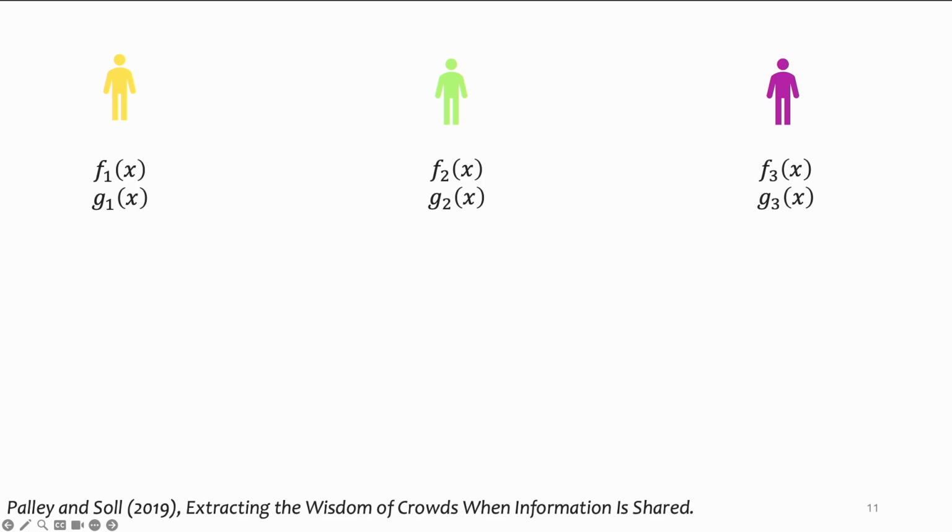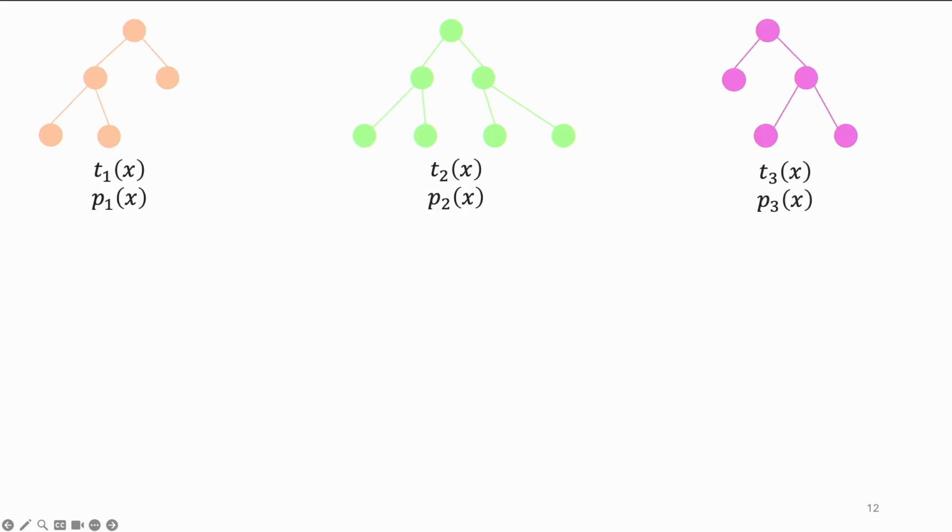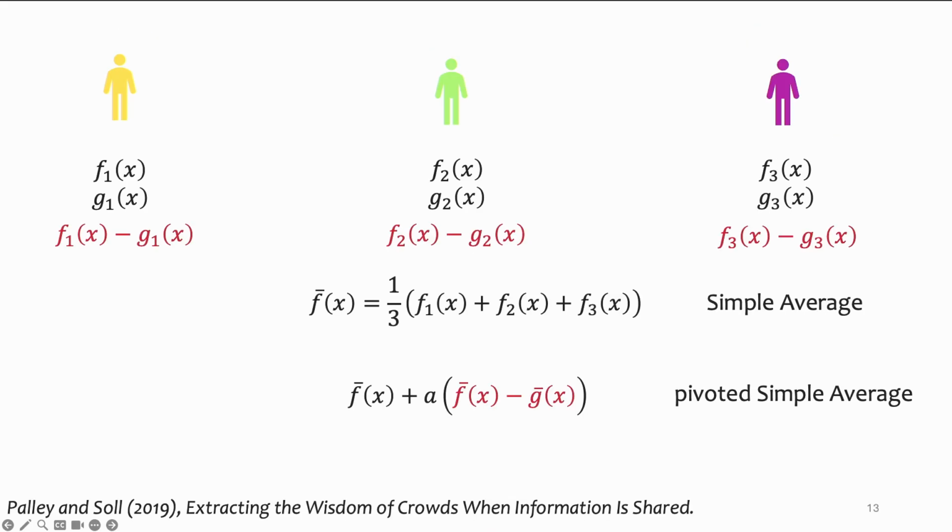So look at where we are. On the people side, in the setup, each human expert has a focus F and a guess of others, which is G. And on the forest side, each tree has a focus T and a peer prediction P. On the people side, the literature already told us that the pivoted simple average works better than the standard simple average.